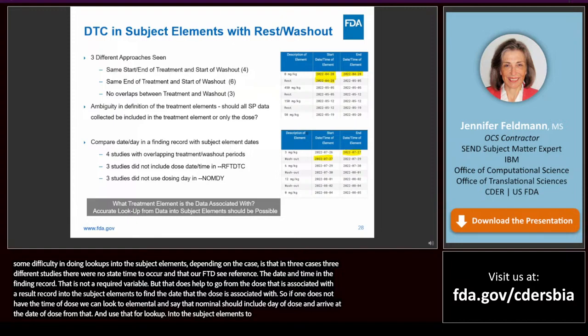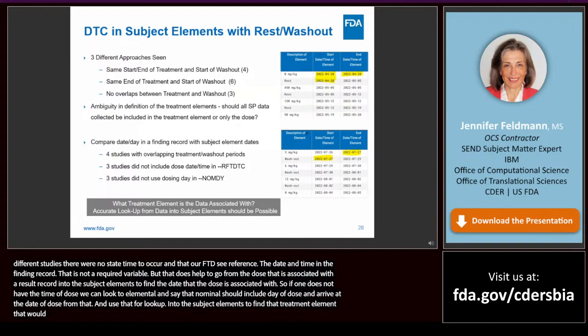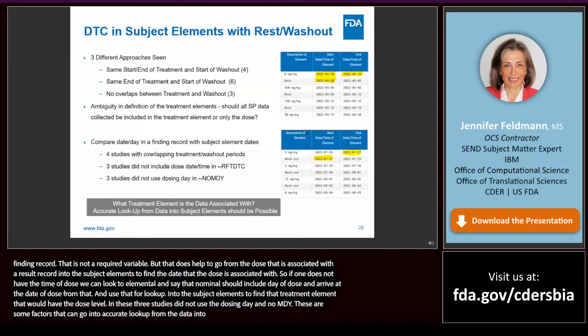But indeed, 3 studies did not use the dosing day in --NOMDY. They used the collection day. So these are all factors that can go into an accurate lookup from your data into the subject elements if one is using the subject elements in order to identify the dose level.